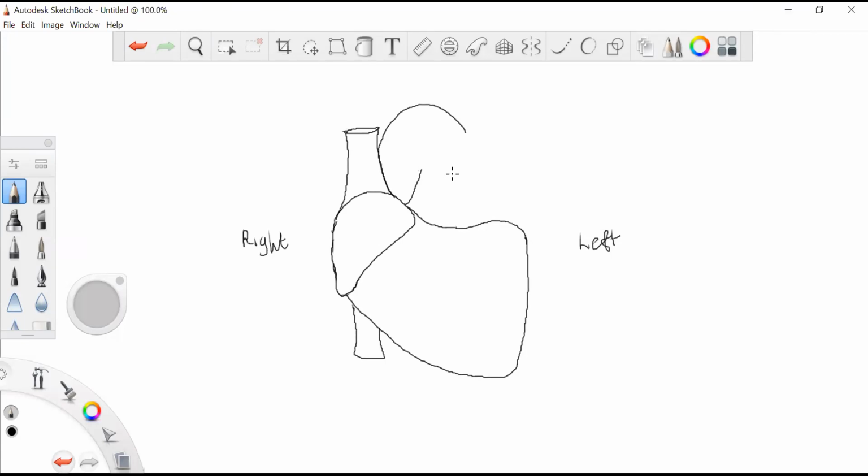So the pulmonary artery carries the deoxygenated blood away from the right side of the heart. There you go. Here you're going to sketch one more arch like this. There you go.